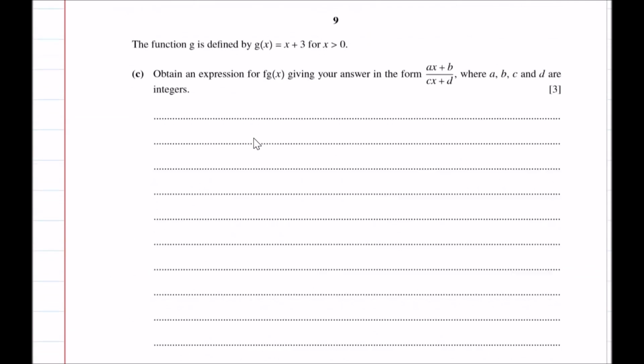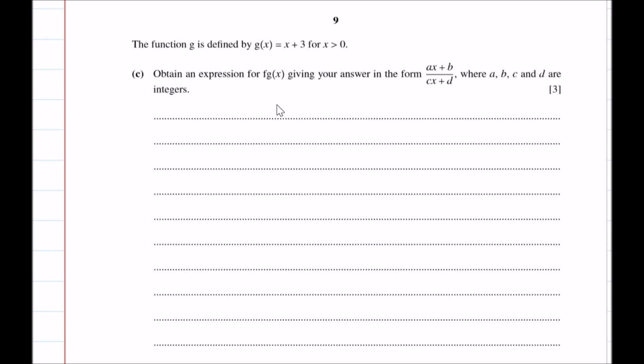Next, the function g is defined by g(x) equal to x plus 3 for x greater than 0. Obtain an expression for fg(x), giving your answer in the form ax plus b by cx plus d, where a, b, c, d are integers. So f(x) given, g(x) given, and we have to find fg(x).